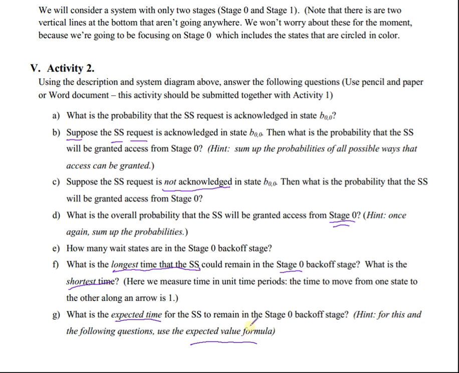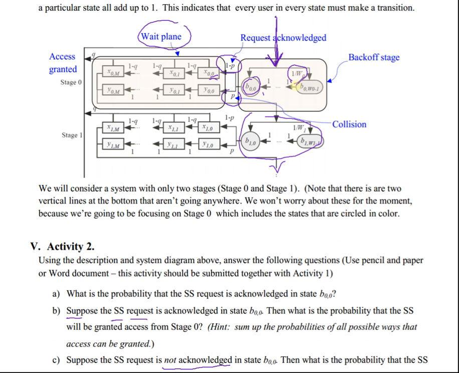For instance, if I enter the backoff stage here, the time in the backoff stage is going to be 1 because I'll go into here and then I'll go out immediately. If I go directly into the second one here, the time in the backoff stage is going to be 2. So you can see there are actually W0 possibilities here, and you're going to have to sum up over these possibilities using the expected value formula.